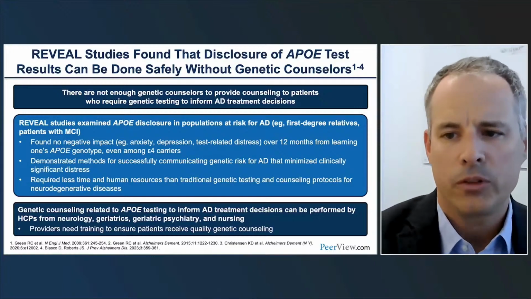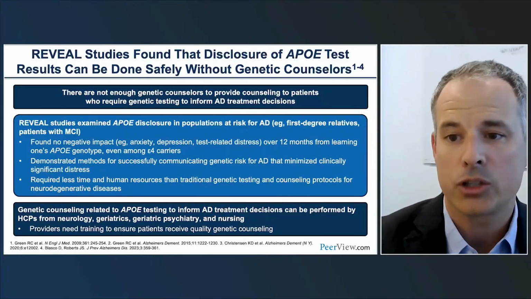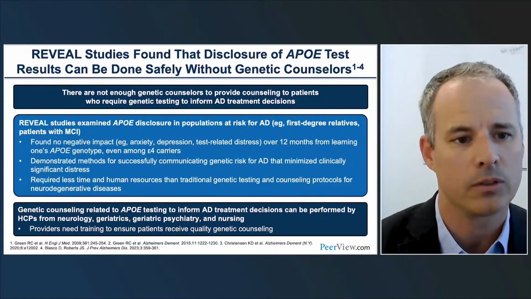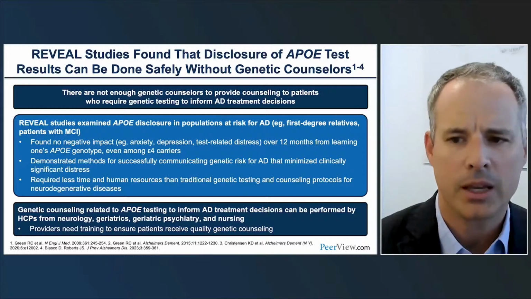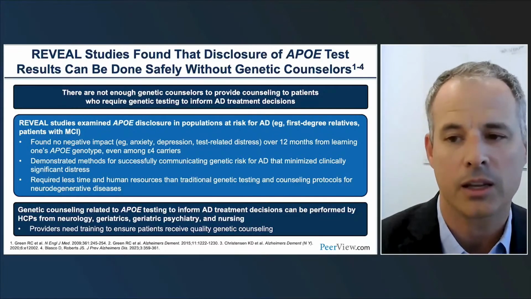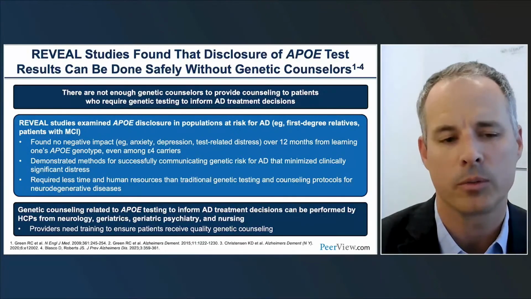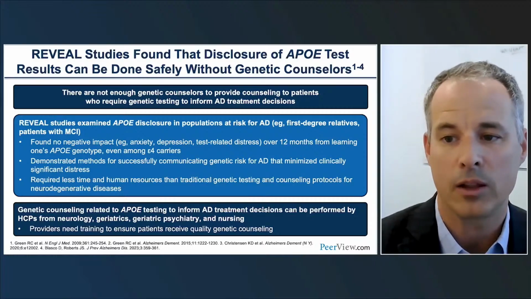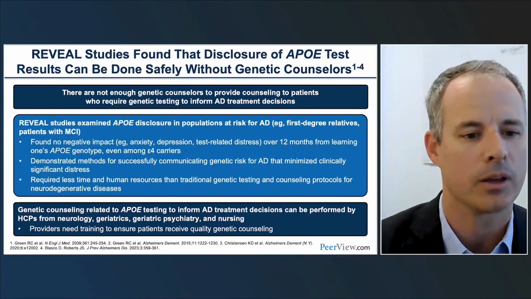So luckily there's been research done on the psychological impact of revealing ApoE4 test results, called the REVEAL studies. This was done because the original 2011 guidelines suggested the use of genetic counseling whenever these test results are being revealed, and there are simply not enough genetic counselors available in the current world to make this happen in this context.